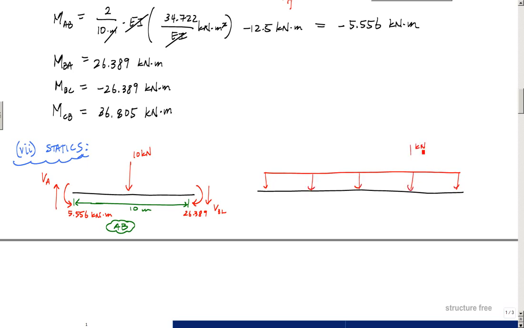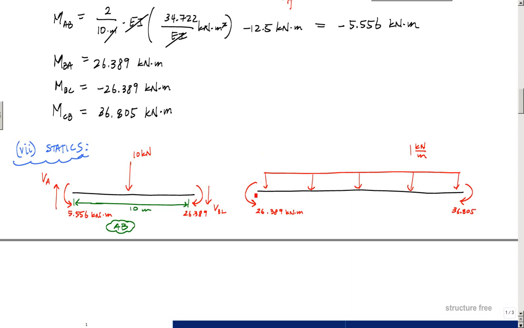1 kilonewton per meter. And again, the end moments: MBC is negative, and initially we had drawn it clockwise, which would have been like this. Now it's counterclockwise like this, of 26.389 kilonewton meters right here. And then here I have a positive 36.805 on that side, which meant it is still clockwise, 36.805.